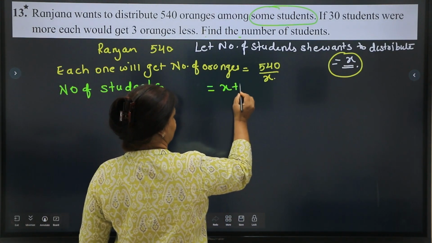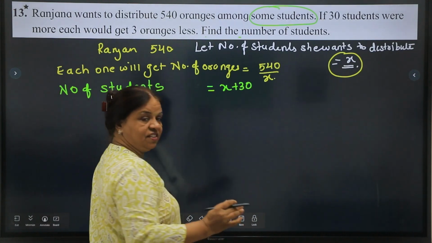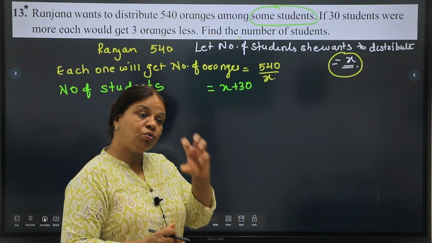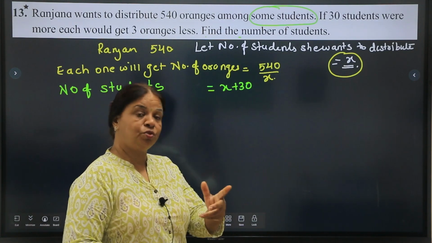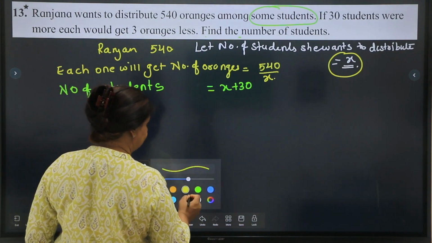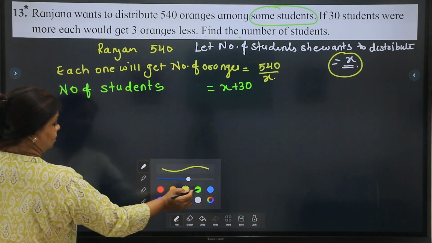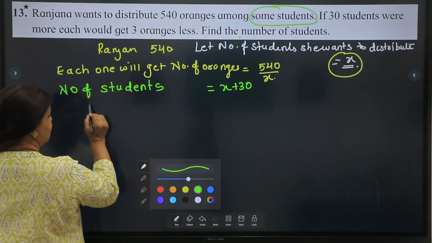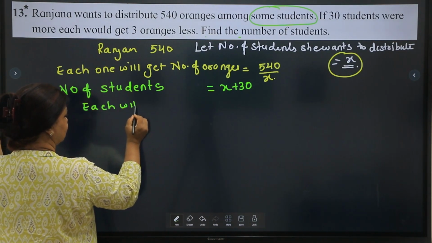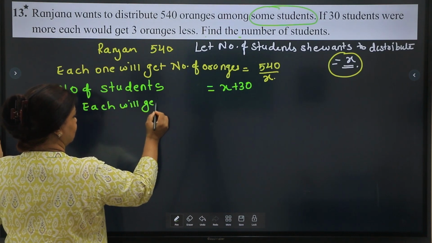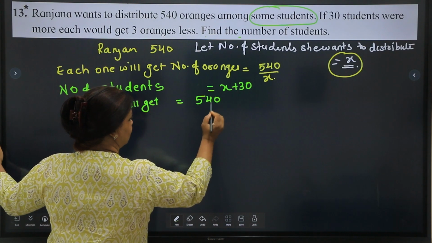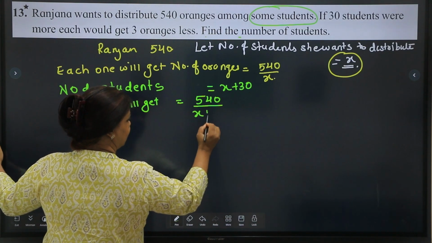But the number of oranges remains the same, 540 only. So now those 540 oranges should be distributed among these students. So each one will get 540 upon x plus 30.